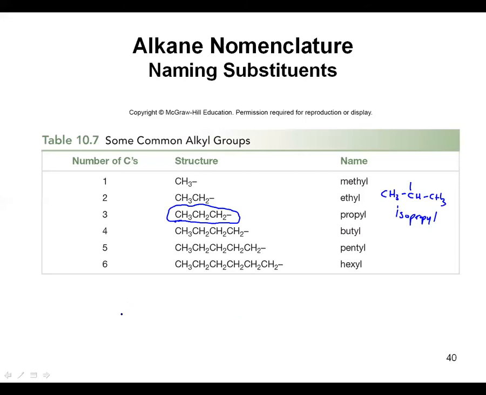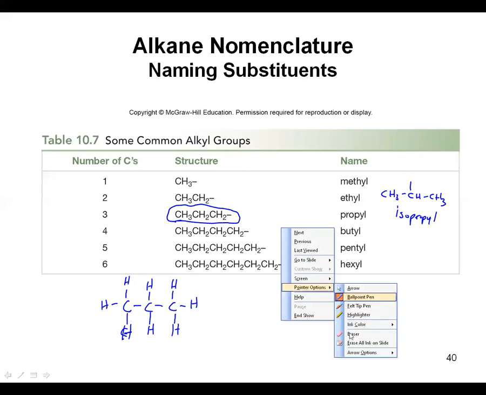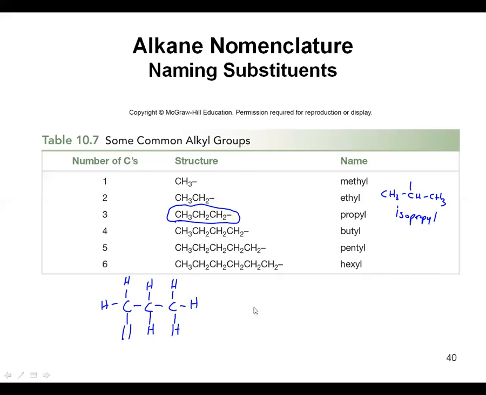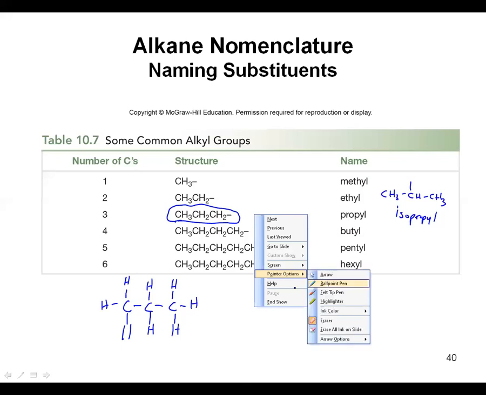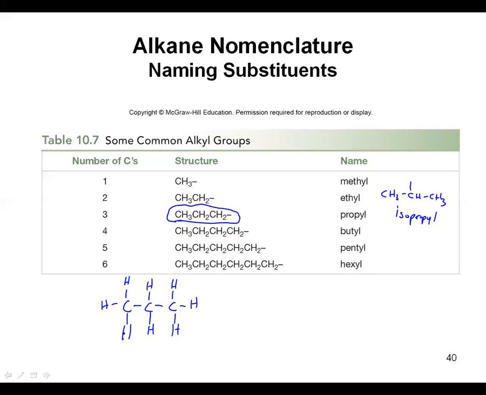When we look at propane, for example, there are what we call different types of carbons, and the different carbons are referred to as primary, secondary, or tertiary carbons.